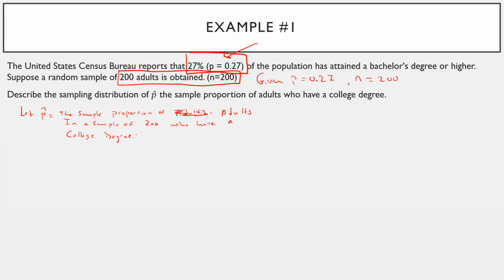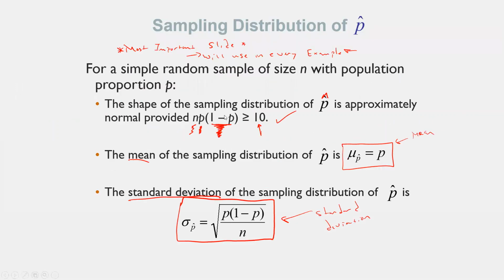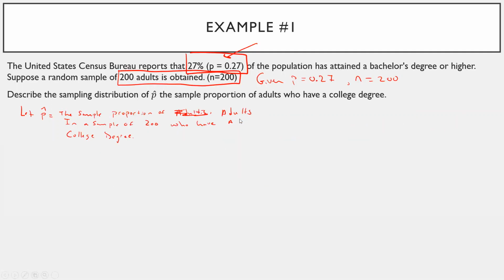If you look back at this slide here, there's a number check. The number check is just n times p times 1 minus p has to be greater than or equal to 10. Look up here. You're given n and p. So let's take these numbers and plug them in.